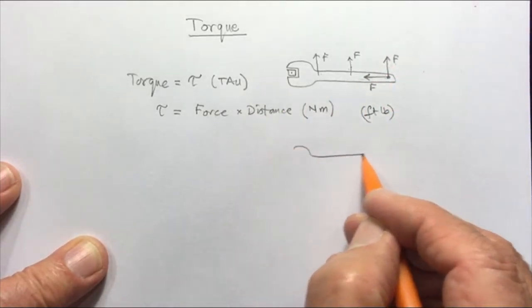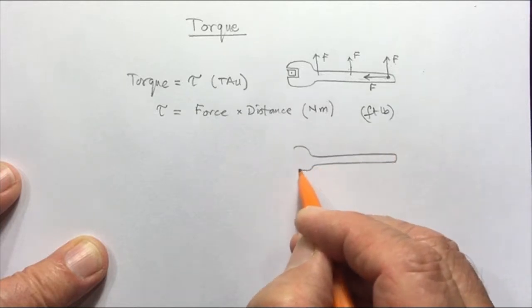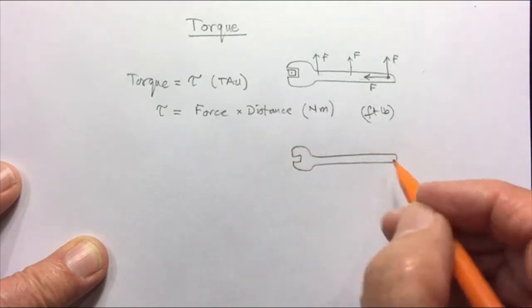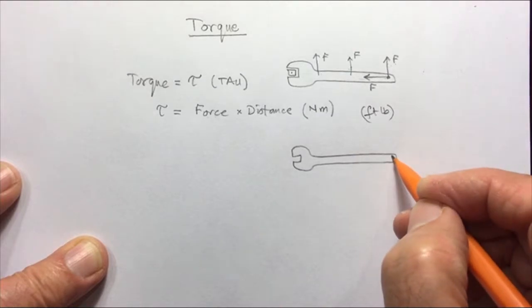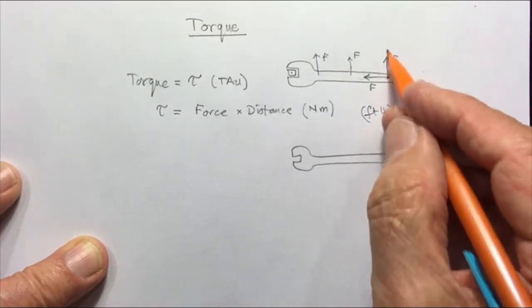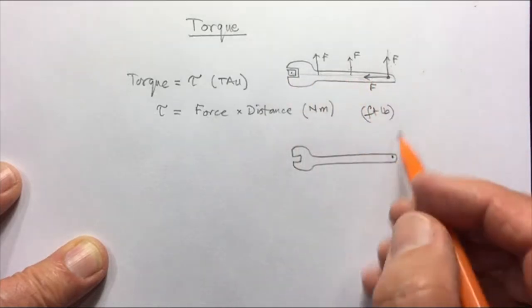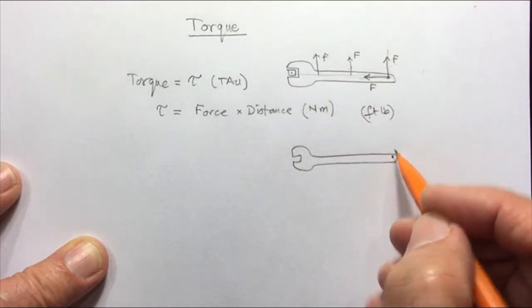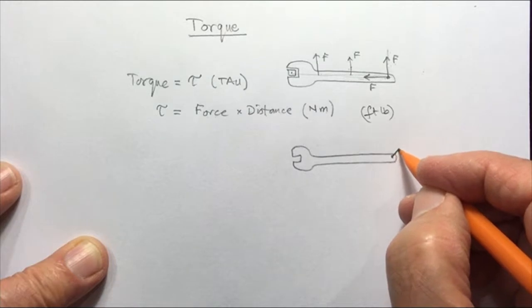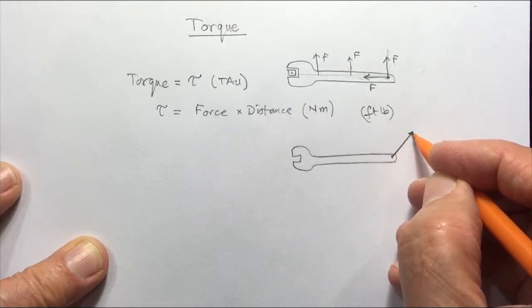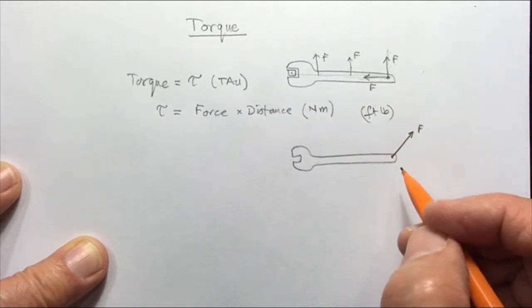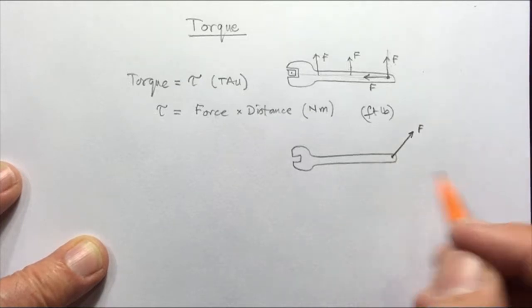Now if we see this again here, let's say instead of applying the force perpendicular to this distance or parallel to it, we apply the force at some angle. Now what would be the torque?